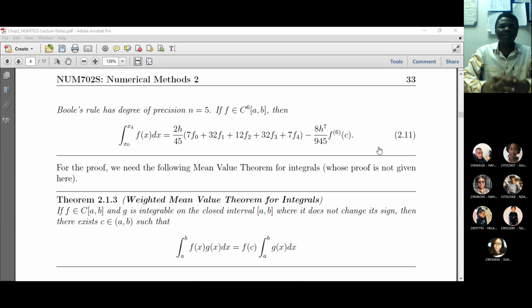If you recall, even from numerical method 1, when it comes to solving a differential equation numerically, we started with Euler's method. We saw that Euler's method was only first order accurate, which is not good when it comes to numerical methods. A minimum of second order accuracy is good, but Euler's is just first order accurate.